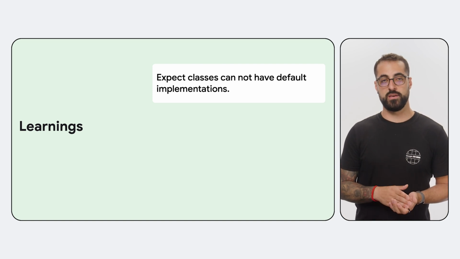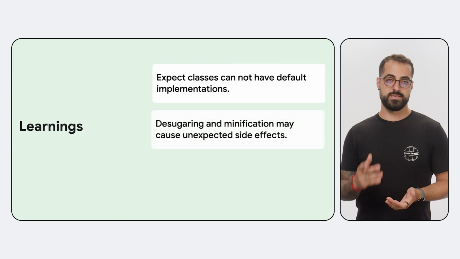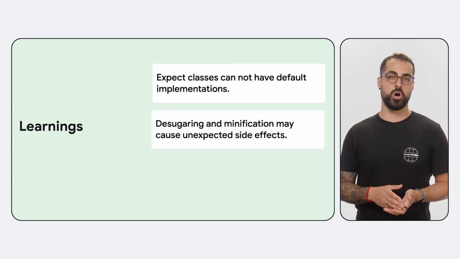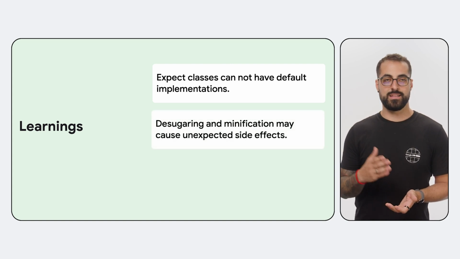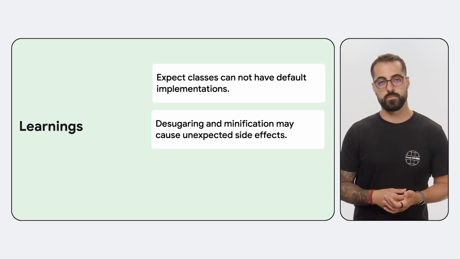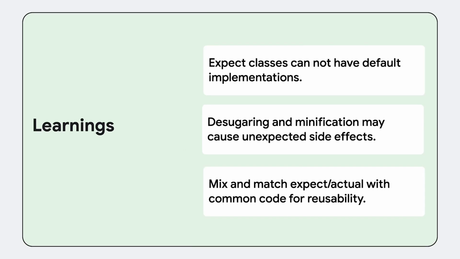You will need to handle duplication with other alternatives. Second, desugaring and minification may cause unexpected side effects, and that might be very tricky to detect. And third, you can mix and match expect/actual in methods and classes to reuse as much common code as is necessary. But please note that it may create different behaviors per platform, and you may need to test your code behavior against multiple platforms.